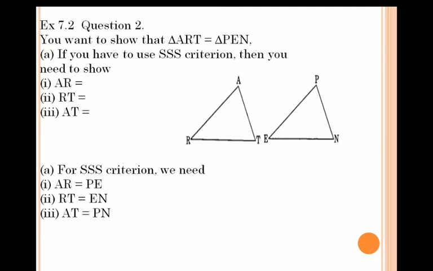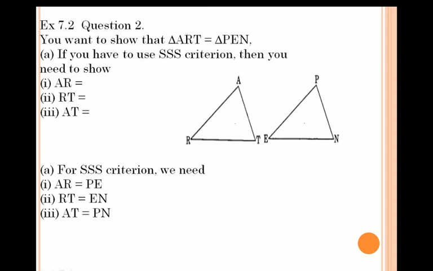Now we will see exercise 7.2 question number 2. You want to show that triangle ART is congruent to triangle PEN. If you have to use SSS criterion, then you need to show AR.